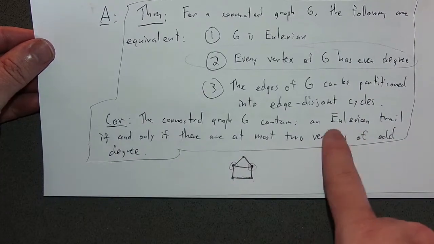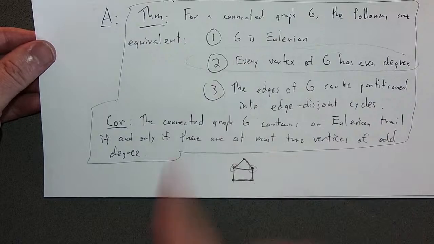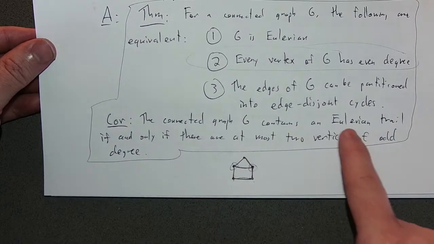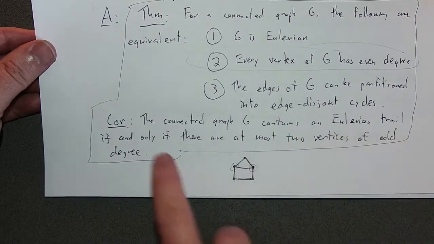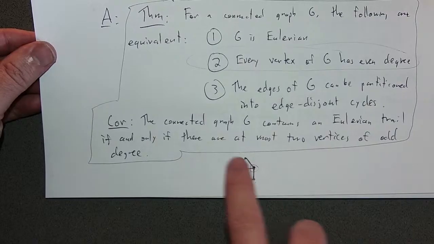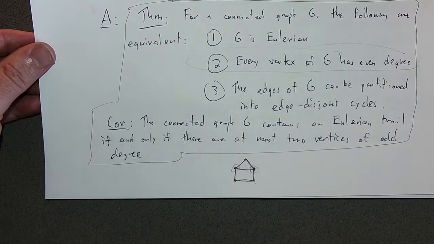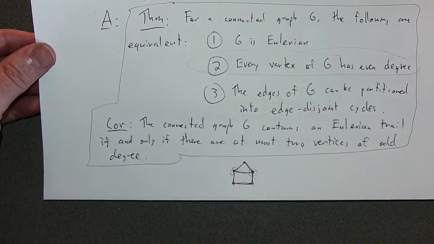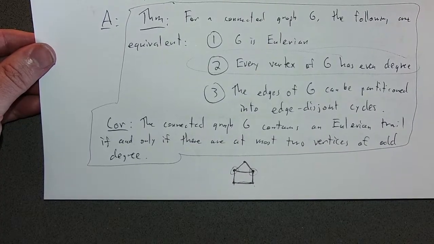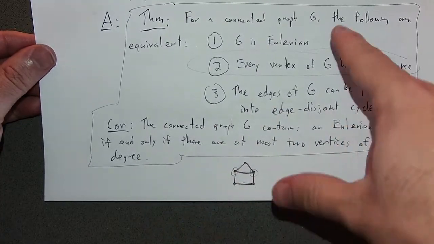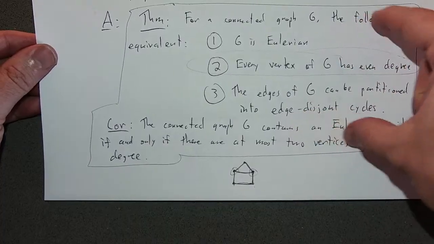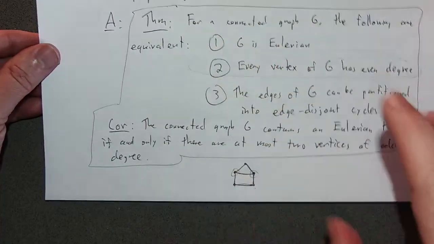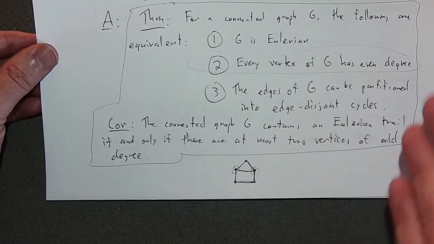Even just having an Eulerian trail rather than an Eulerian circuit was extremely restrictive, in that you could have at most two vertices of odd degree. This is a big deal because it really nails down what an Eulerian graph could look like.